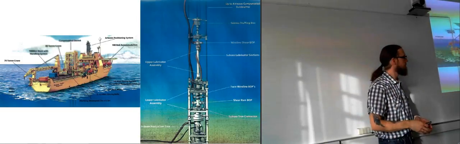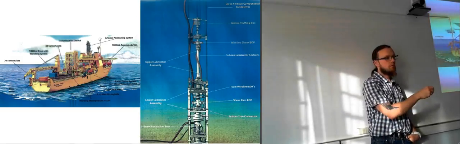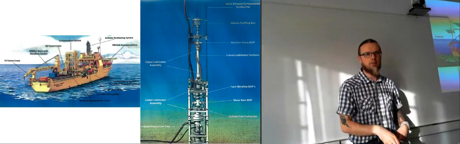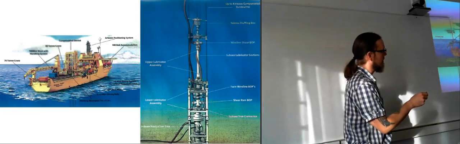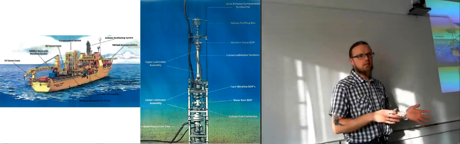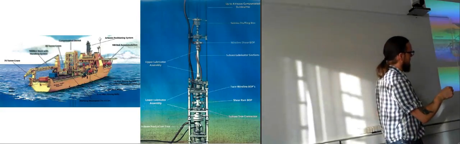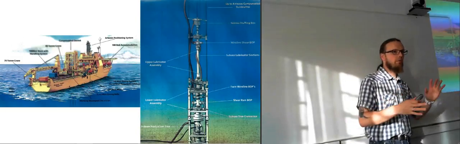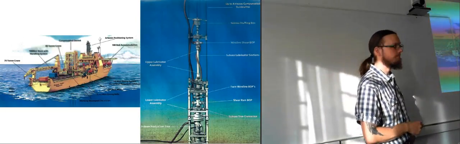So the first 10, 15 meters maybe, these rails follow it down into the water before it's completely released, and then it's just going on the guide wires further down. It's just to make it as stable as possible here in the top 10 to 15 meters where the waves have their most effect.